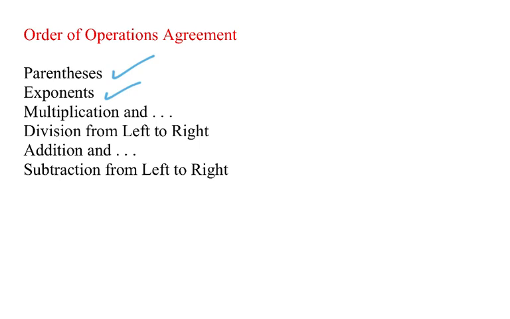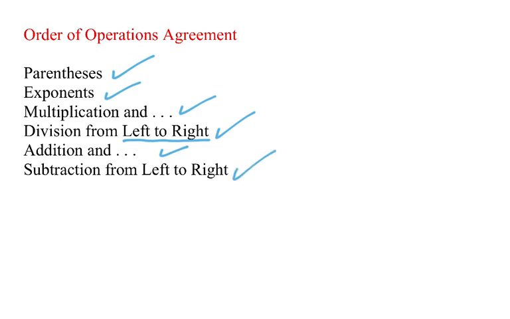Multiplication and division are sort of at the same level of importance, and so if there's more than one of those, some mixture of multiplication and division, we do our multiplications and divisions from left to right. The last operations we do are addition and subtraction. They're also at the same level, and we do them from left to right.